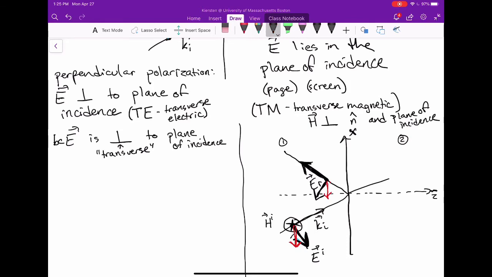Then we define the transmitted wave. We've got a propagation vector for that. We've got an electric field that's got to be perpendicular to that propagation vector, and it has to have its transverse component in the same direction as that of the incident wave. So that means that it's got to point that way.